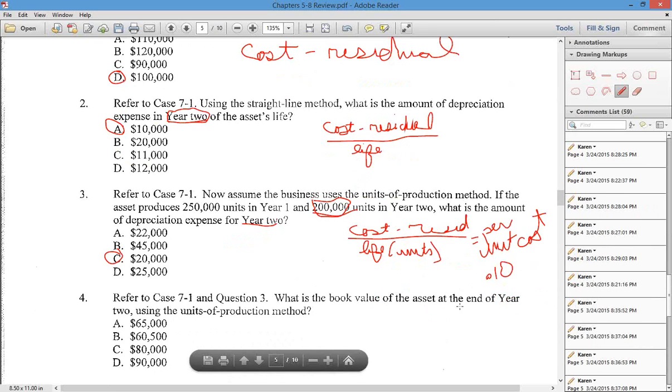What is the book value of the asset at the end of year 2? So again, we're looking at year 2, and we are using the units of production method. So we've got to make sure we understand what book value is. So what is book value? Book value is cost minus accumulated depreciation.